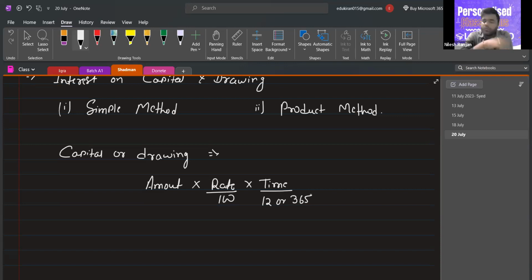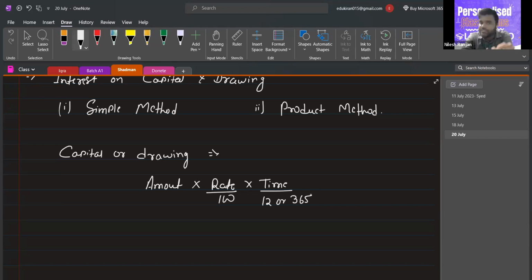Actually, when we have introduced our capital in business once, or we have made a drawing in a year only once, then we can use simple methods. It is very easy to calculate.